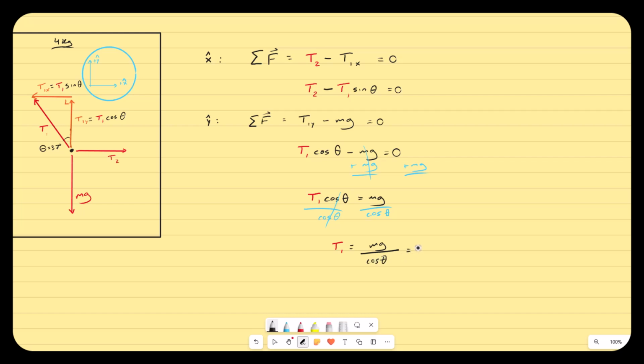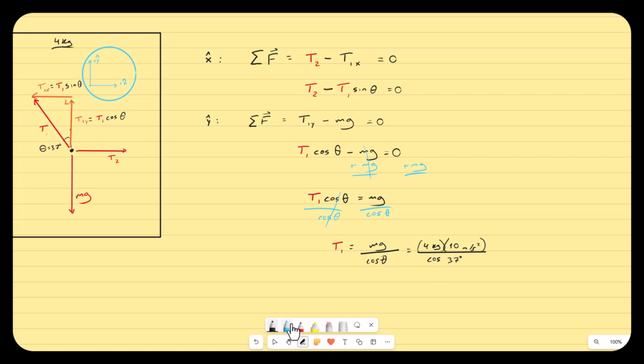I'm going to plug in my values, so 4 kilograms, 10 meters per second squared, and then the cosine of theta, it's a 37-degree angle, so I will put divided by the cosine of 37 degrees.